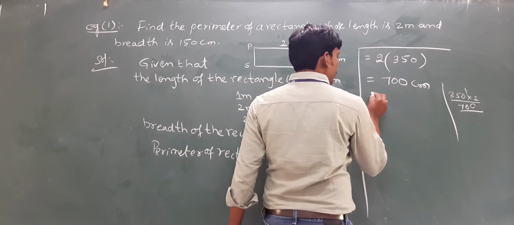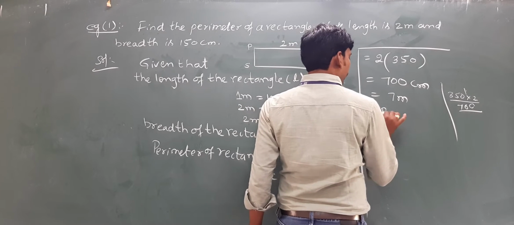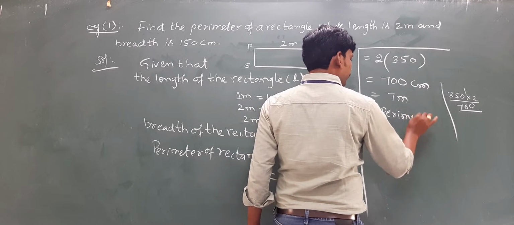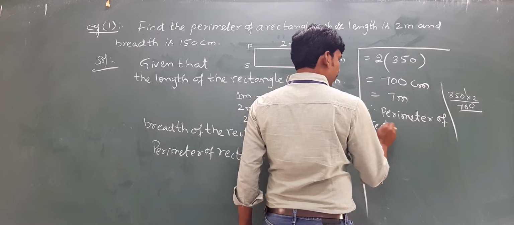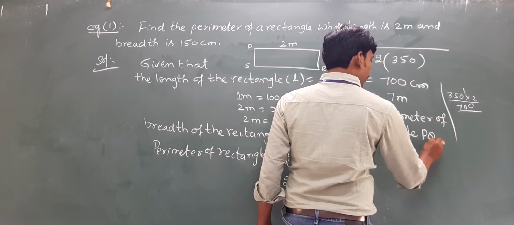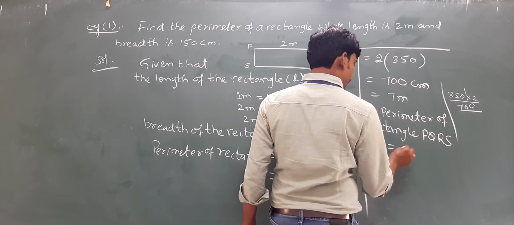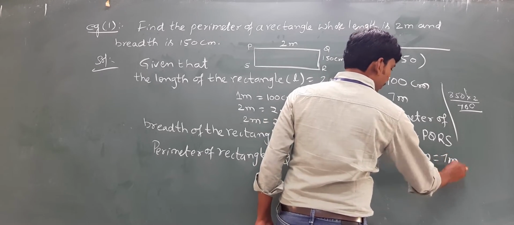Clear? So therefore the perimeter of rectangle PQRS is equal to 700 centimeters, or it is equal to 7 meters.